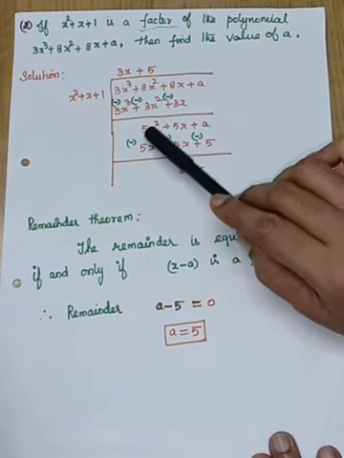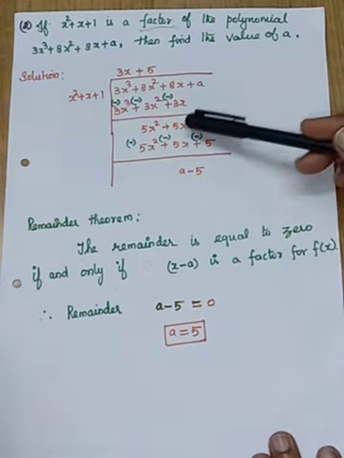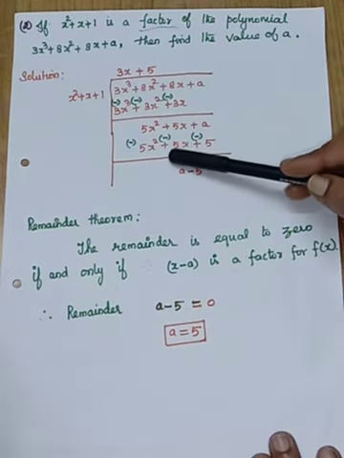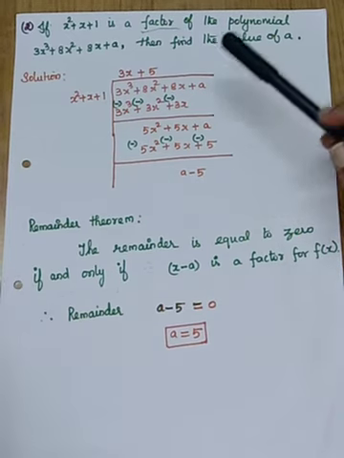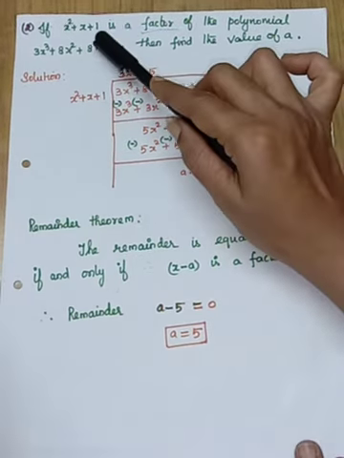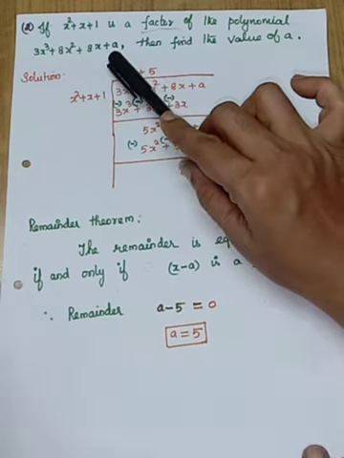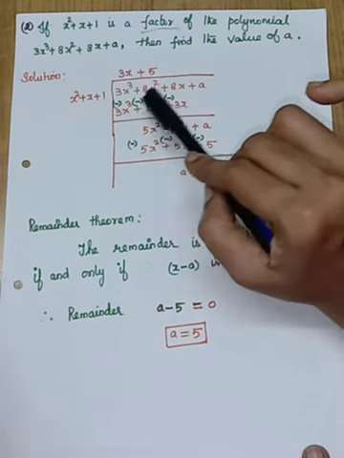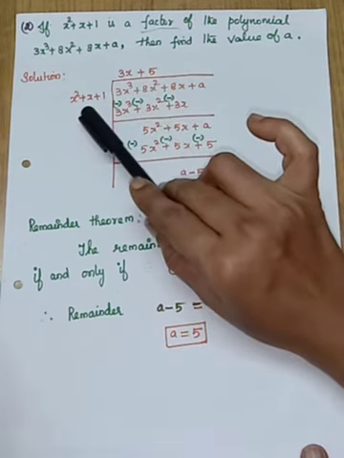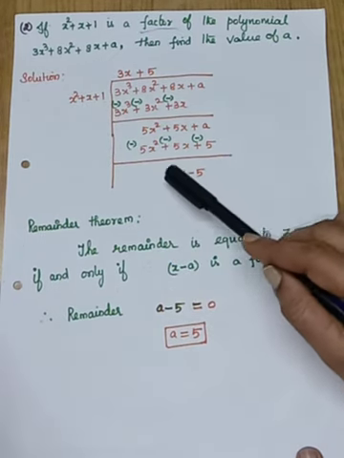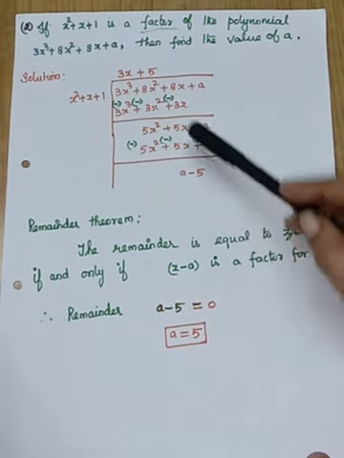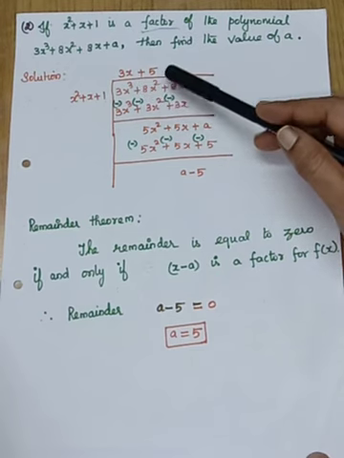These two terms get cancelled, and 5x minus 5x also gets cancelled. You have a minus 5 left. So this cubic polynomial divided by the factor x squared plus x plus 1 gives the remainder a minus 5 and the quotient 3x plus 5.